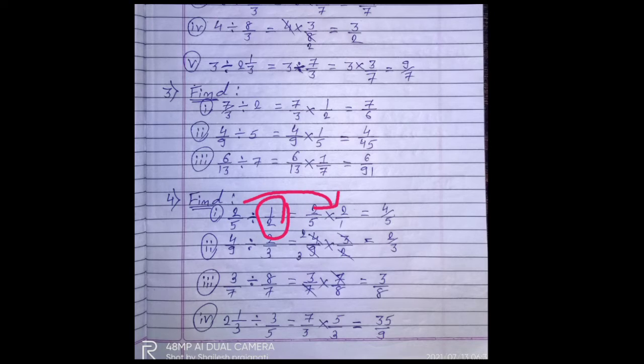So 2 upon 5 multiplied by the reciprocal of 1 upon 2, which is 2 upon 1. Now 2 2s are 4 upon 5.